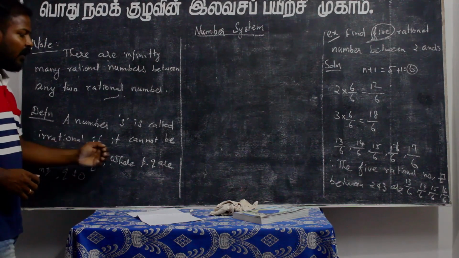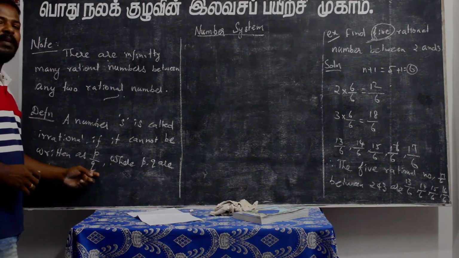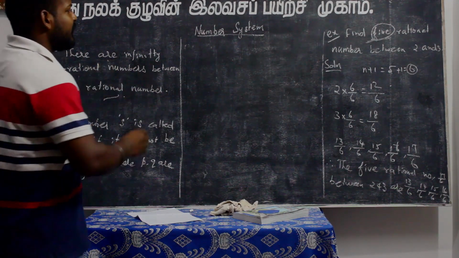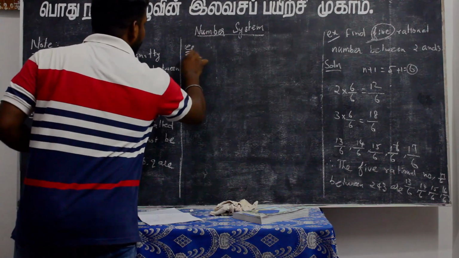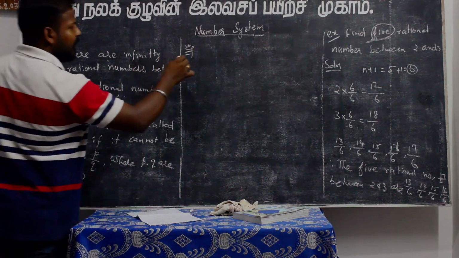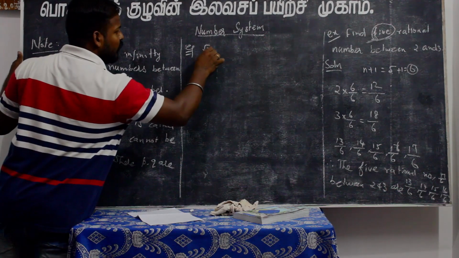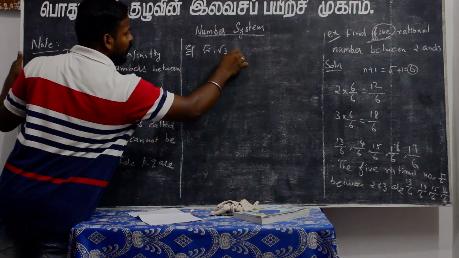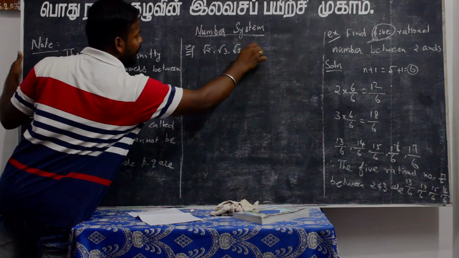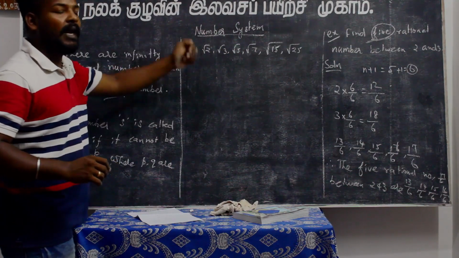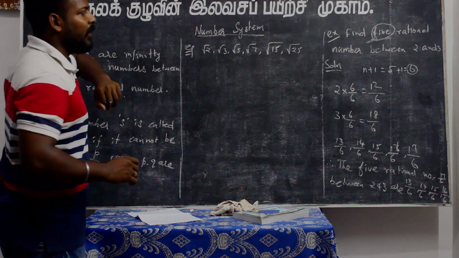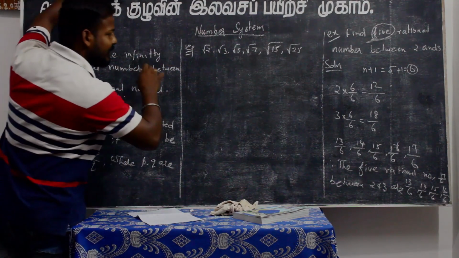If we can't write it in the form of P by Q, that is called an irrational number. So we will see some examples here. Any root over a prime number, so root 2, root 3, root 5, root 7, and root over multiples of the prime numbers, that is called an irrational number.